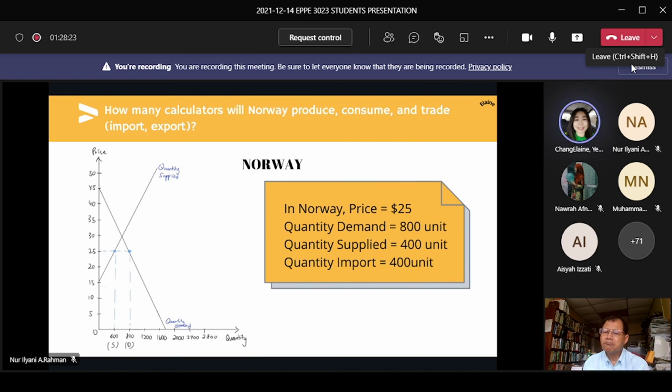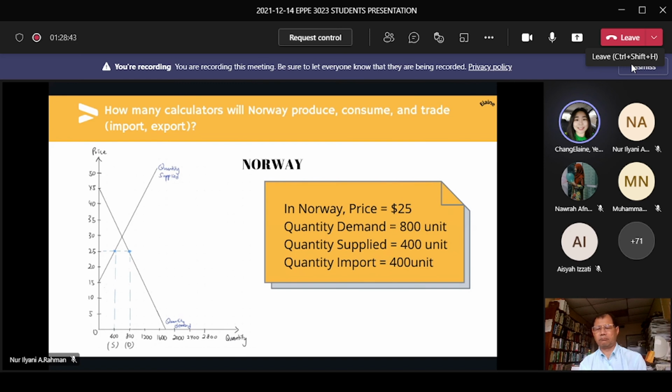That means Norway will consume 800 units of calculators. Meanwhile, the quantity supplied decreases from 600 units to 400 units. That means Norway only produces 400 units of calculators.